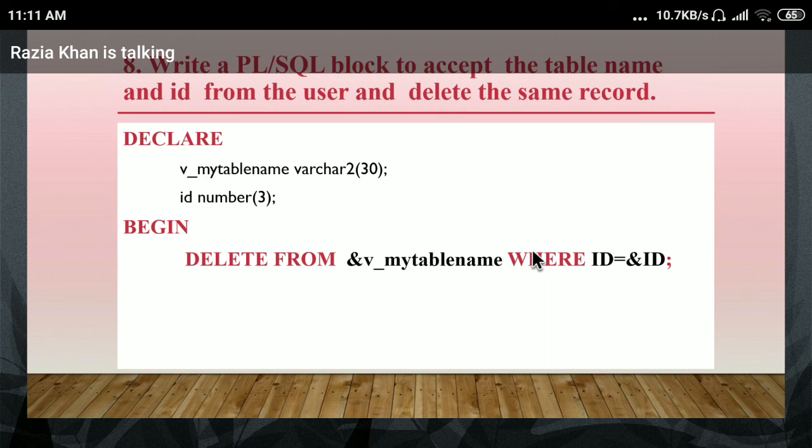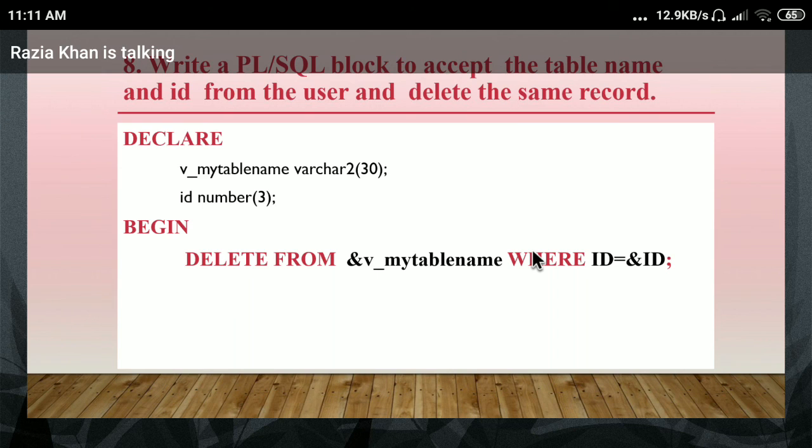There are two things for deleting the records or deleting the tables: delete and drop. Tell me the difference between these two queries. If we use delete, then what is your output? And if we use the other query, drop?